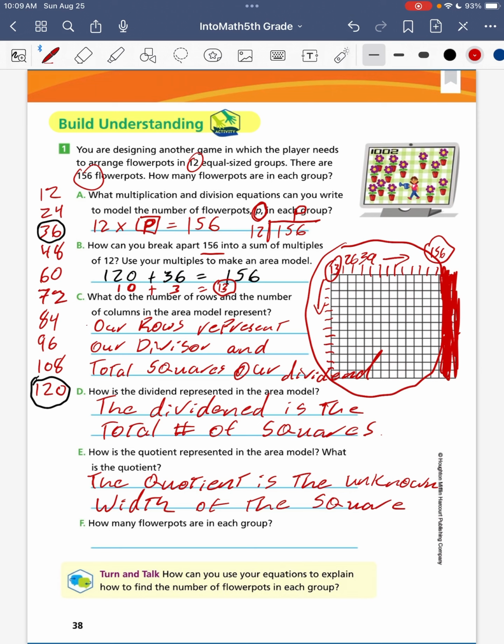Following our math earlier, in our partial area model or in our array model, we know that we have 13 groups of 12 to equal 156. So there are 13 flower pots in each group.